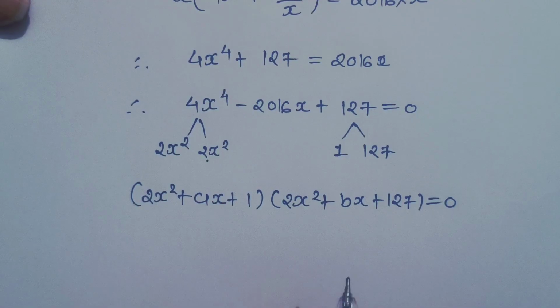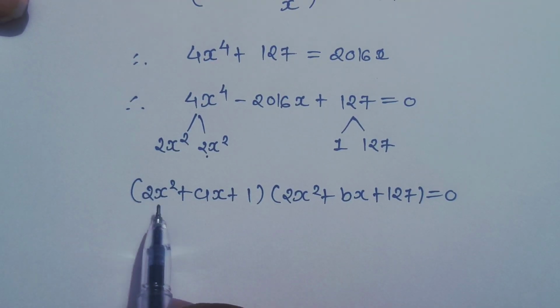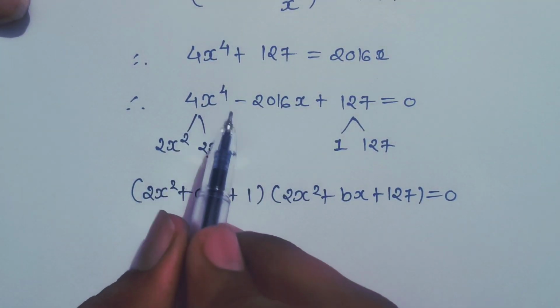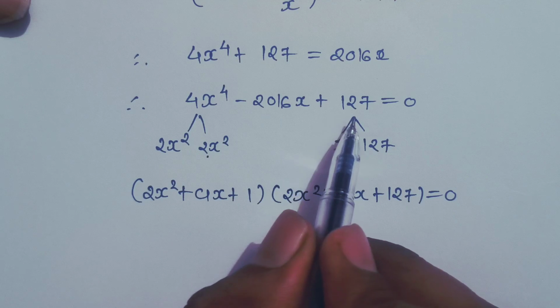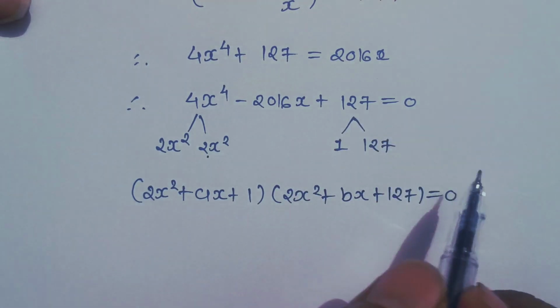Now our main target is to find a and b such that this multiplication gives 4x raised to 4 minus 2016x plus 127 equal to 0.